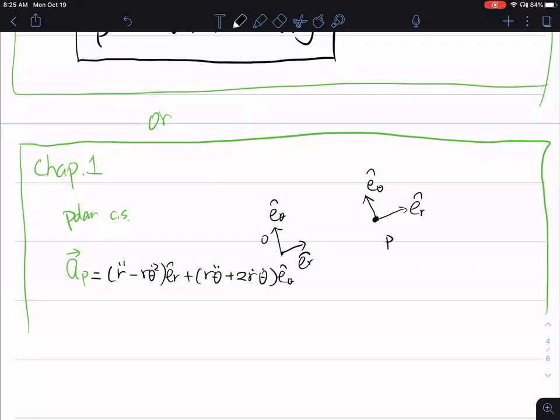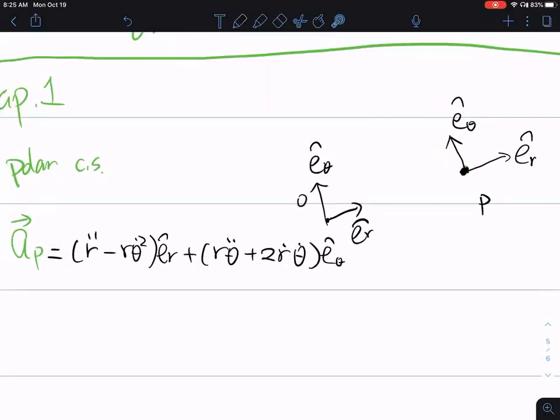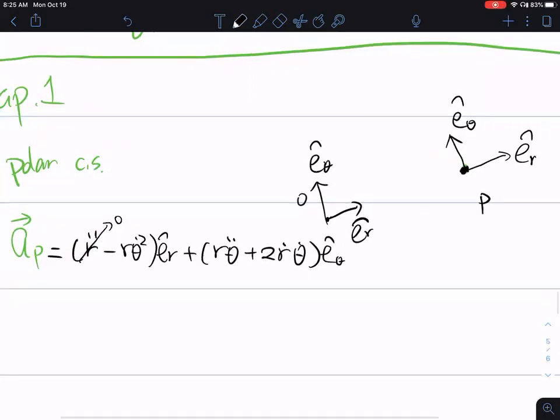Yeah, that's the equation. But we have so many things here. What is R double dot? We know R dot is constant, so R double dot is 0. We're given R. What is theta dot?